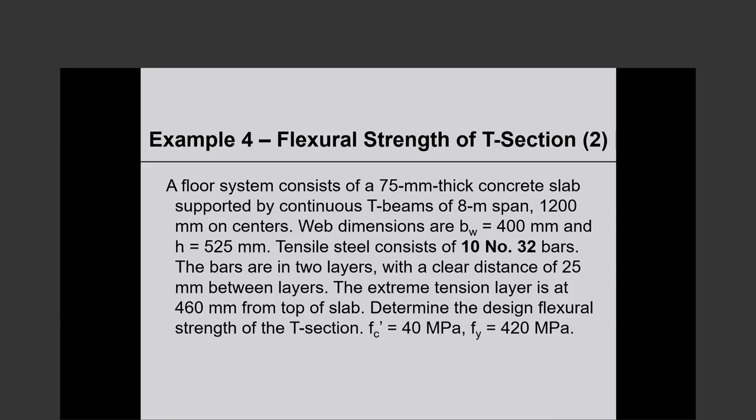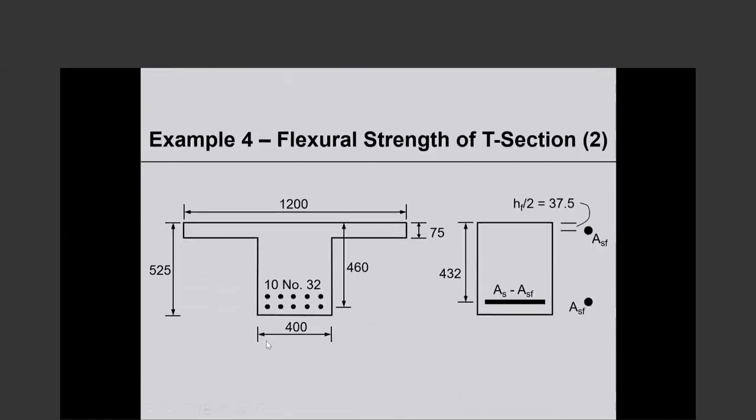Everything is the same as before, but the tension reinforcement is 10 number 32 bars instead of 3 number 25 bars. And 10 number 32 obviously had to be placed in 2 layers. 1 layer would not do.